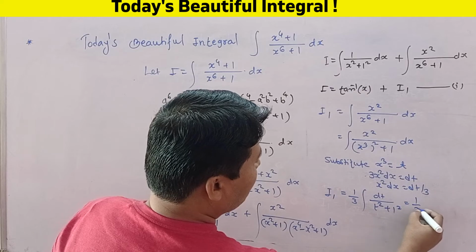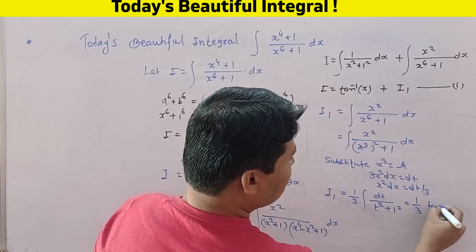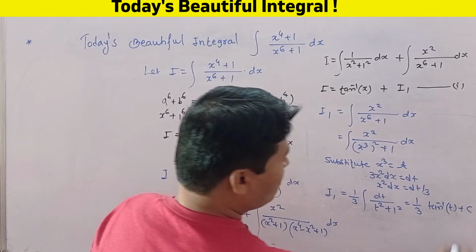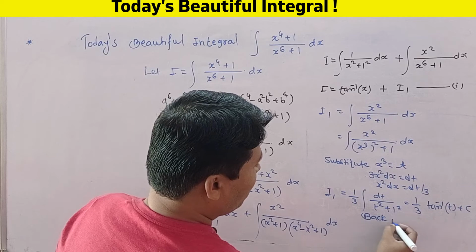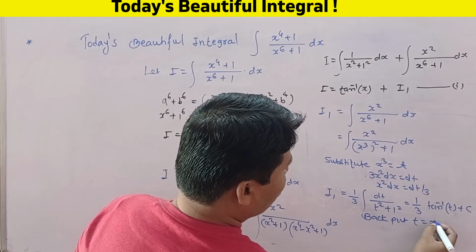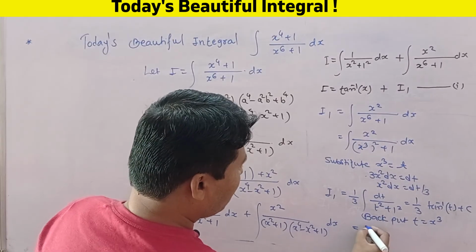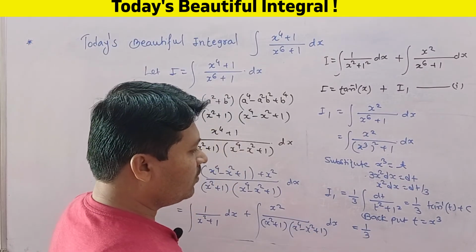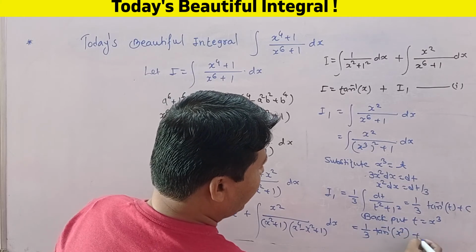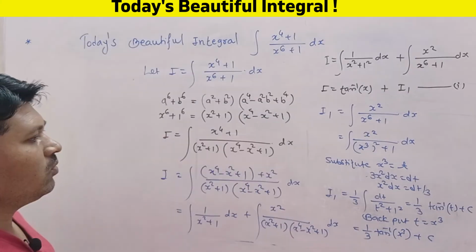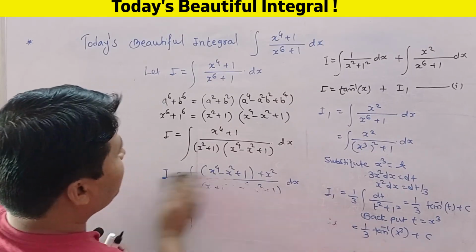So we get 1 by 3 tan inverse t plus c, the constant of integration. Putting back t equals x^3, we get the solution 1 by 3 tan inverse x^3 plus c.